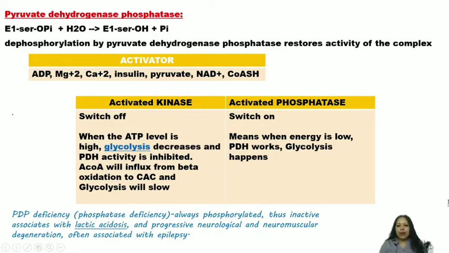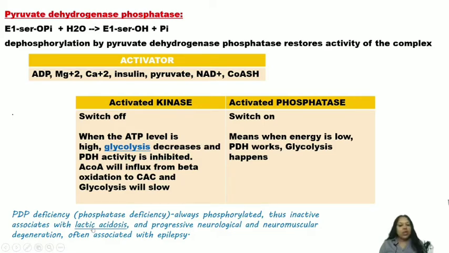If you remember the reaction catalyzed by PDHC, which is the conversion of pyruvate to acetyl coenzyme A, it happens when phosphatase is activated, correct? So, if phosphatase is not activated or it is deficient, what will happen?